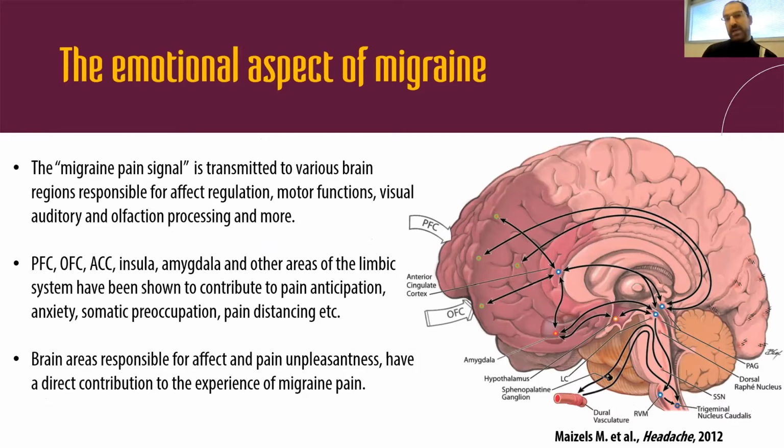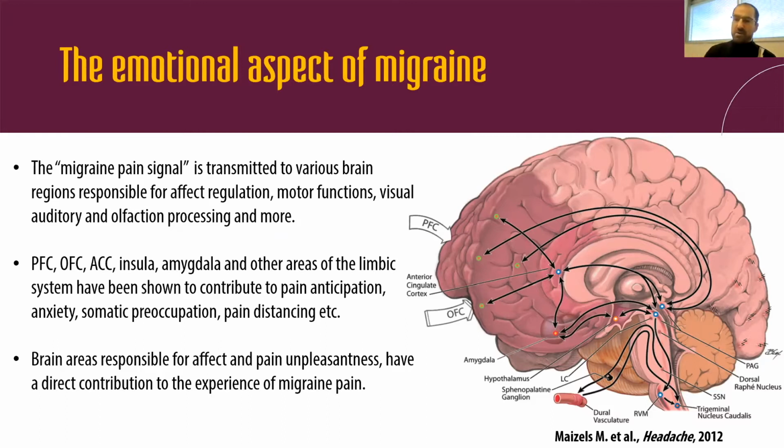I just want to say that when we're talking about emotions or migraine, there is an emotional aspect, first of all, to a lot of different kinds of pain, but also for migraine in particular. As we know, the migraine pain signal, the specific signal that is getting into the brain, doesn't only go to those areas that help us recognize that we have a certain pain in a certain area in the head and it feels electric-like, or cold, or sharp, and so forth, which are the more sensory components of pain.